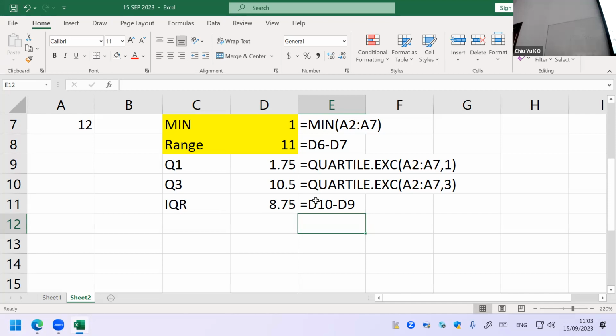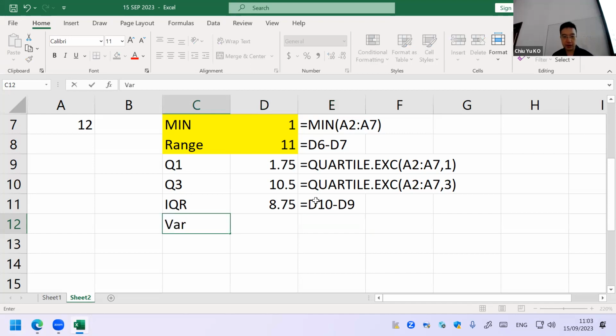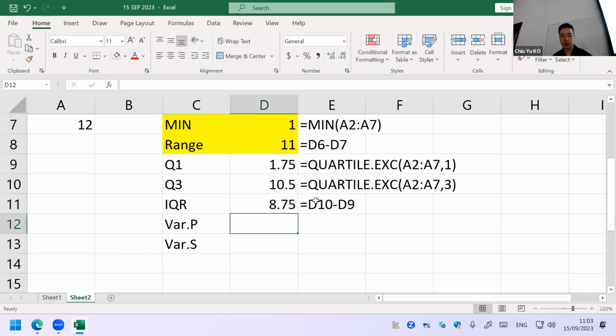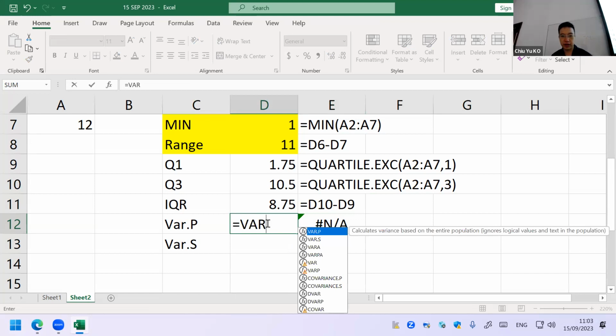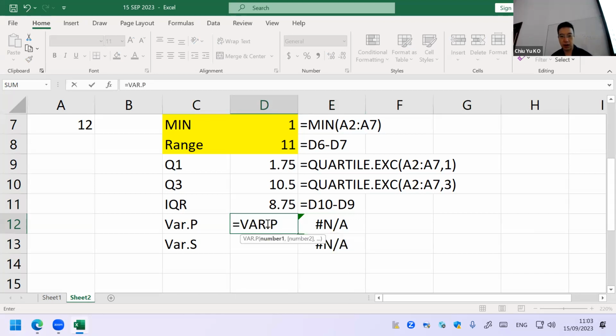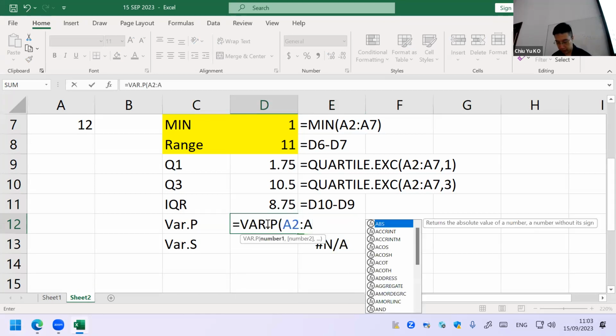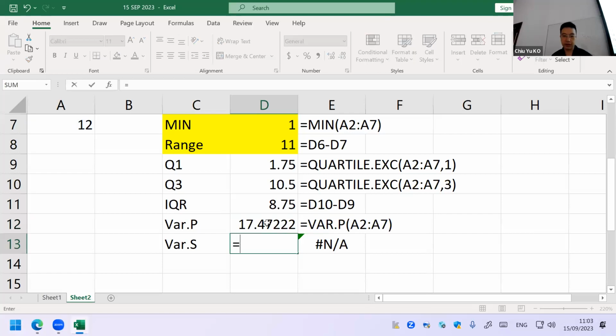The next is we want to calculate variance. Variance will be easy because we have two things, VAR.P and VAR.S. One is divided by n, the other is divided by n minus 1. So it's rather simple. You should be able to see this is VAR.P, A2 up to A7, and we have VAR.S, A2 up to A7.